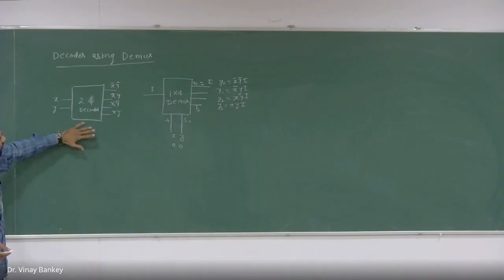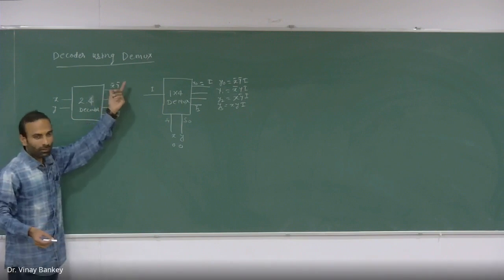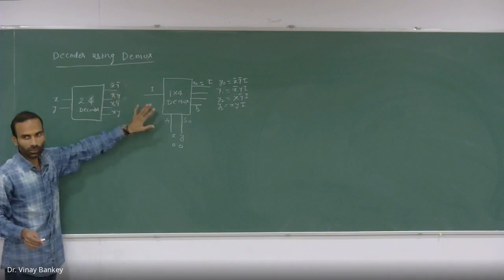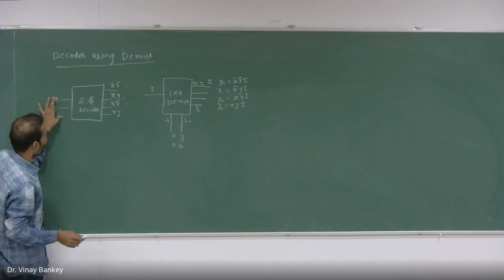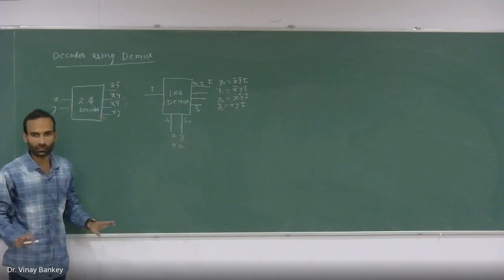Now I want to realize or implement this decoder using a demultiplexer. So you can see I should be 1, and this input should be connected to the selection lines. That's it.